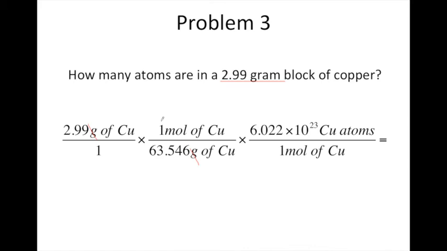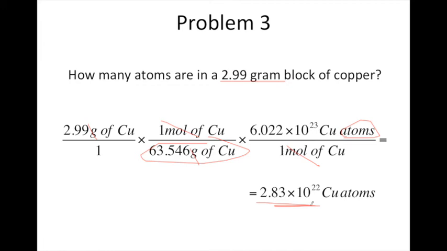We want moles on the bottom, so moles cancel, and we'll end up with copper atoms. Again, be sure you use the correct units here. We multiply the 2.99 times 1 times Avogadro's number, divide it by 63.546, and to 3 sig figs, we get 2.83 times 10 to the 22nd copper atoms.